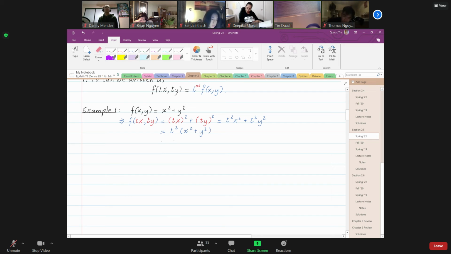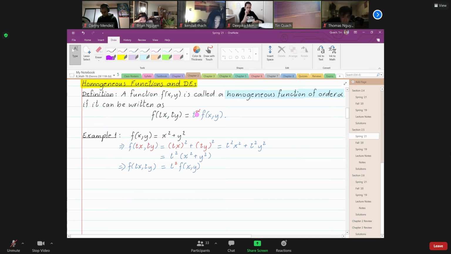Here I have f(tx, ty) equals t squared times x squared plus y squared, which is f(x,y). So you see, this fits the definition right here. So you know that this function is a homogeneous function of order 2.